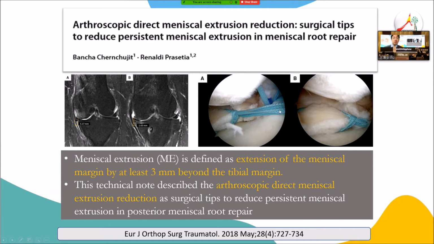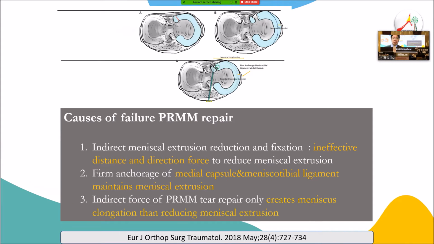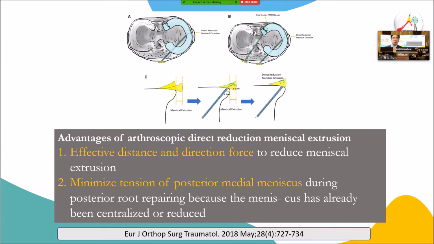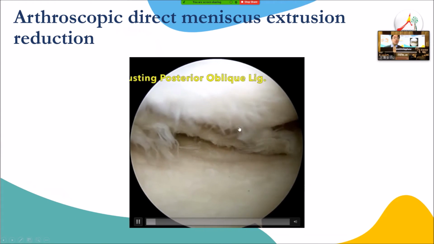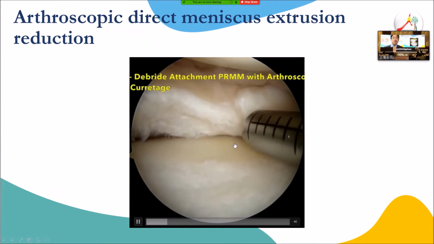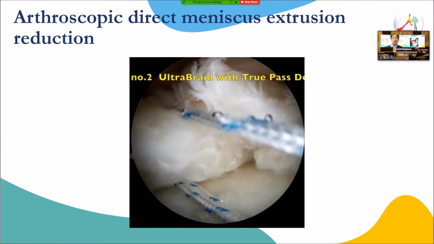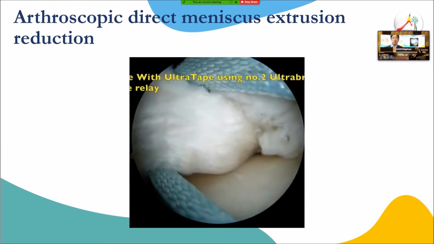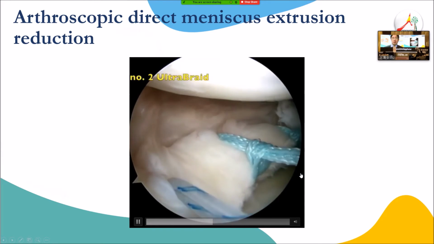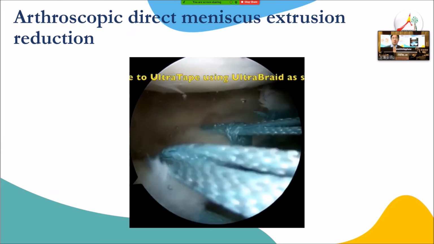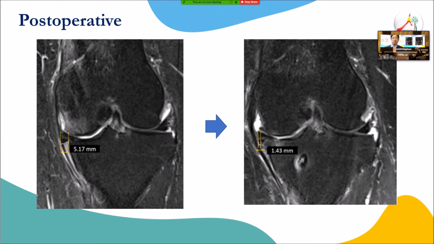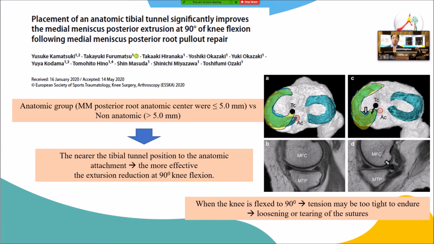This is our article about extrusion reduction using the transosseous technique, published in the European Journal of Orthopaedic Surgery and Traumatology in 2018. This is another patient that has a torn meniscus and we do the extrusion reduction. Okay, root tear and extrusion reduction to the tunnel, like that way. So post-op, the extrusion is getting better.